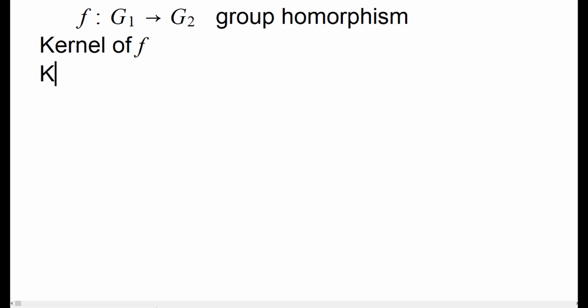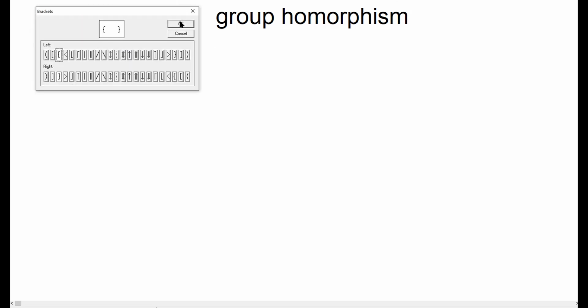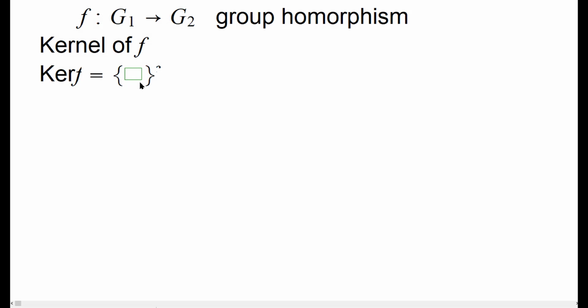So let's just write the definition of what the kernel is. Let's write it simply as ker f. It contains all those elements of G1, the group that is forming the domain, that are mapped into the identity of group 2. Let's not worry about writing it as E2.